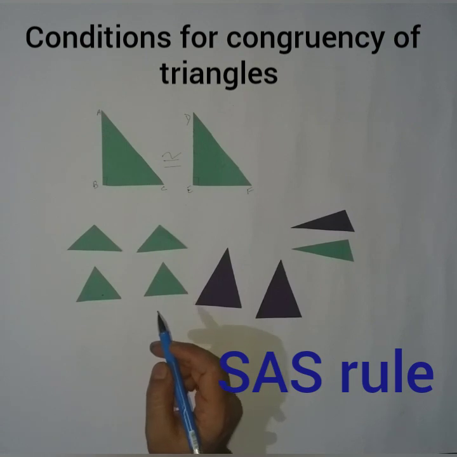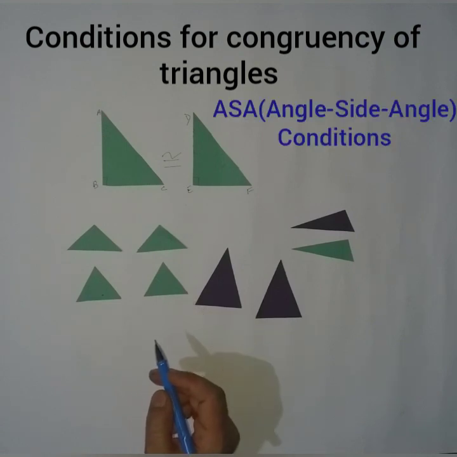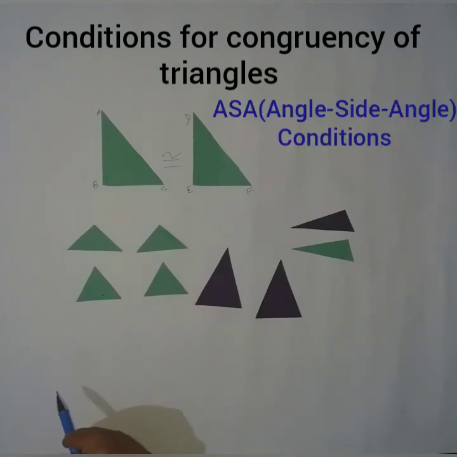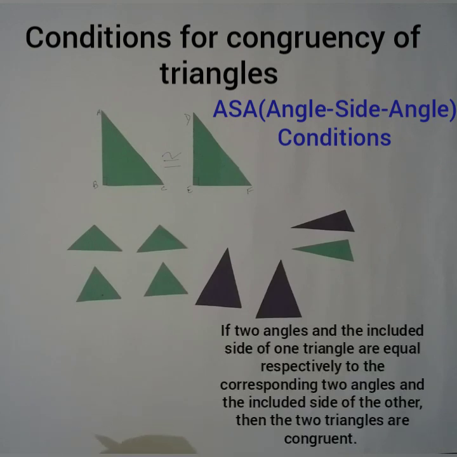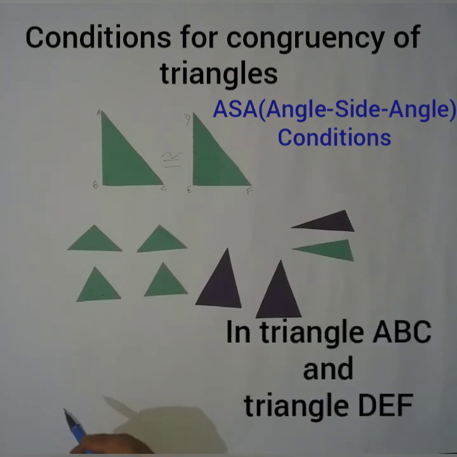Now we can see the ASA rule, where we have to see the angle side angle condition. If two angles and the included side of a triangle are equal respectively to the corresponding two angles and the included side of the other, then the two triangles are congruent. So here it means angle side angle.